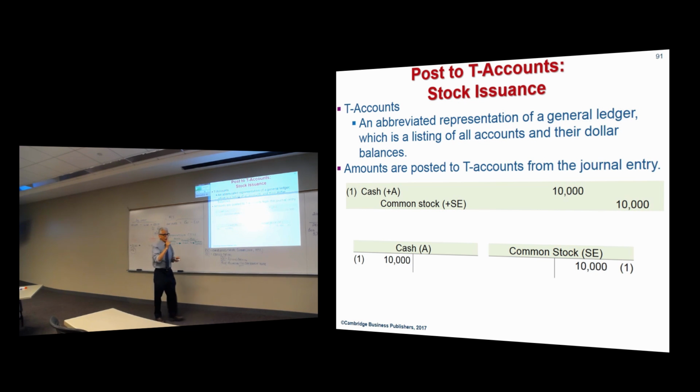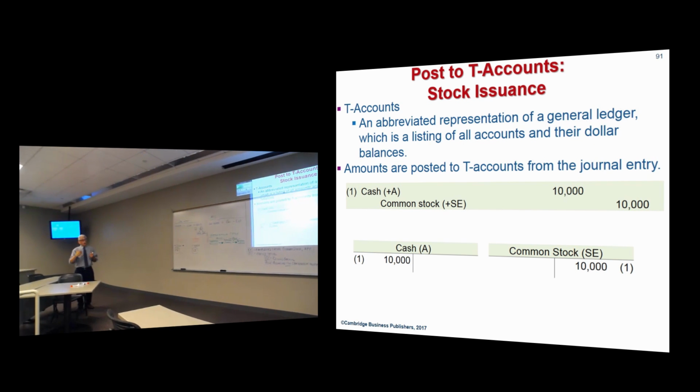Equity accounts increase by credits, and I know I have to credit that account. So what we are now reflecting is that when you go to the accounting equation and you increase cash and increase common stock, what you are doing in effect is increasing the asset cash by a debit in the journal and increasing the equity common stock by a credit.